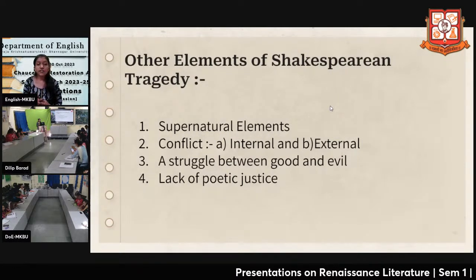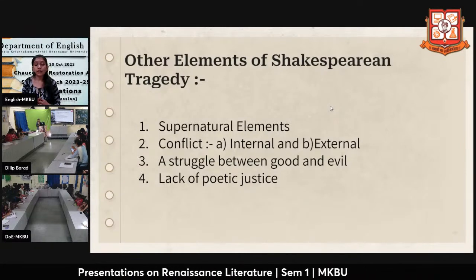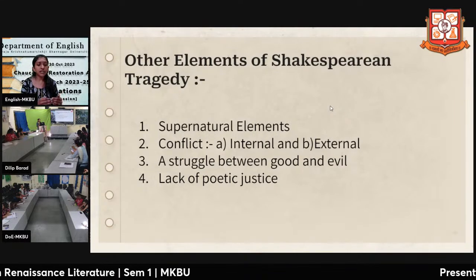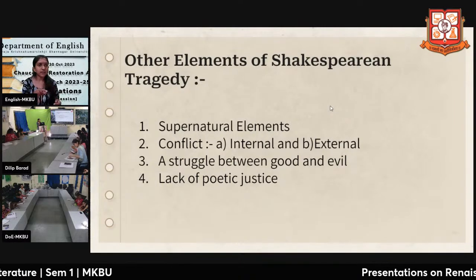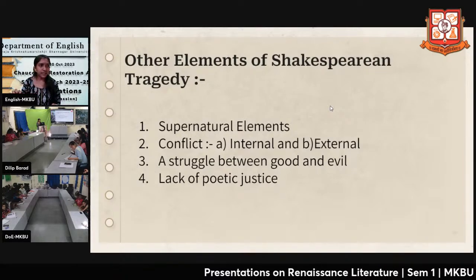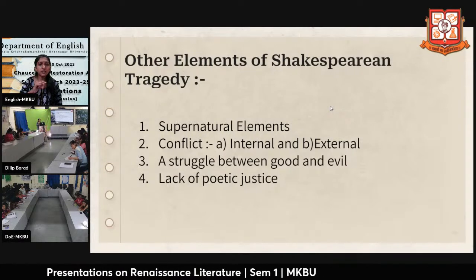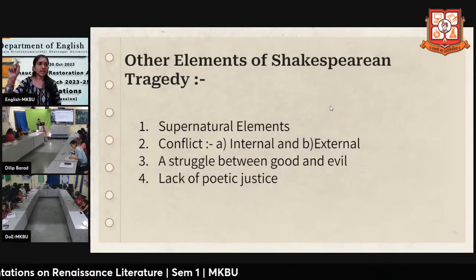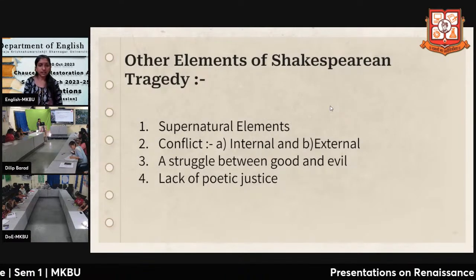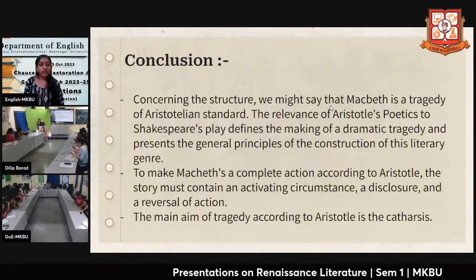In a way, there is the struggle between good and evil, and a lack of poetic justice. We already know that Shakespeare's tragedies begin perfectly justified, and later on suddenly go to a climax, and the downfall is there. So these are the other elements of Shakespearean tragedy.